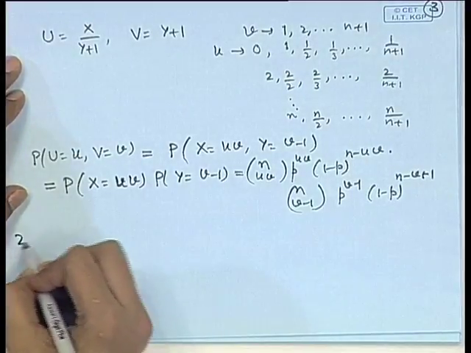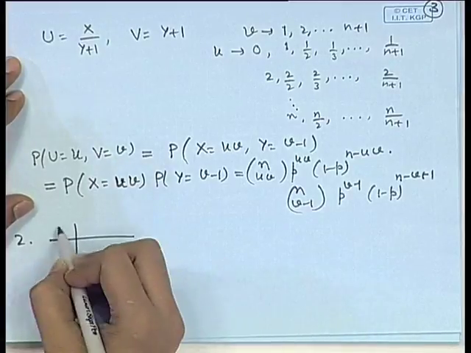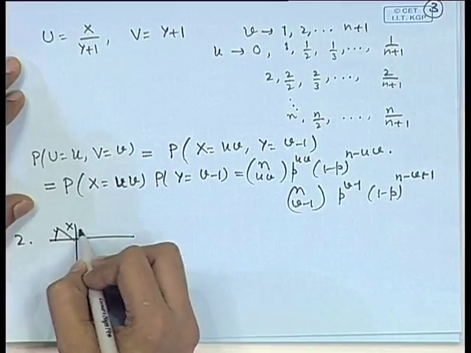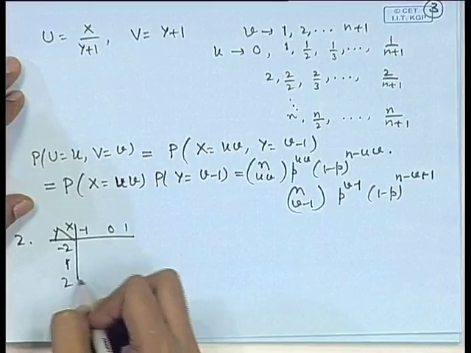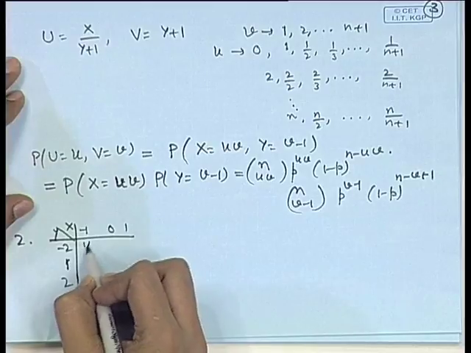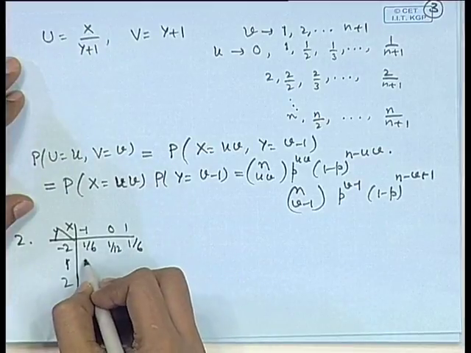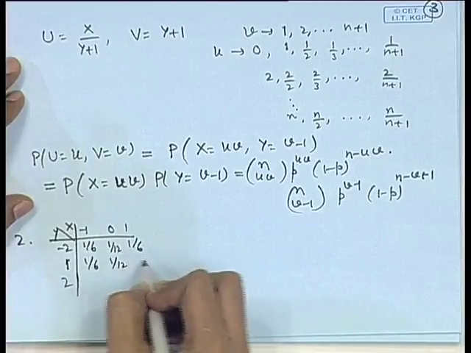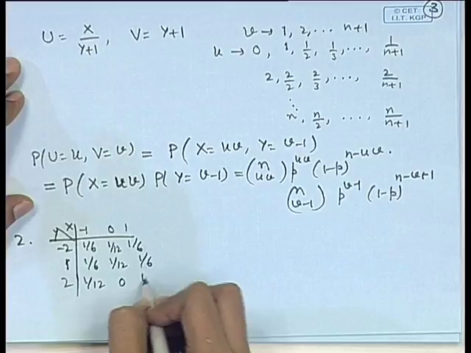Let us take another example here. Say x and y have the joint mass function. The probabilities are 1 by 6, 1 by 12, 1 by 6, 1 by 6, 1 by 12, 1 by 6, 1 by 12, 0 and 1 by 12.